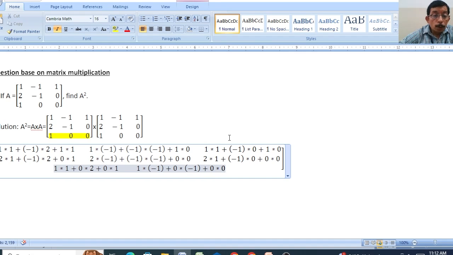So the last row is multiplied by each column: 1 by minus 1, 0 by minus 1, 0 by 0. The last row second column multiplication is complete, and we get the last row second element.